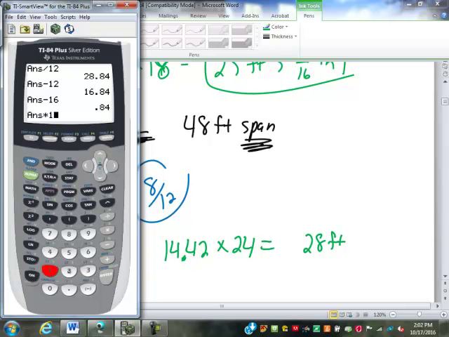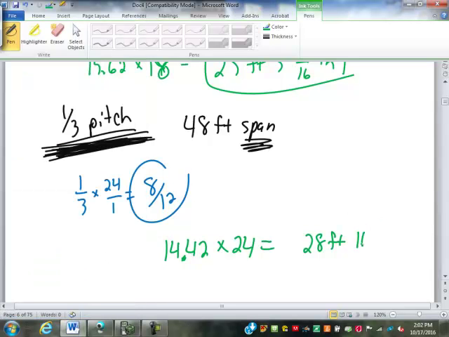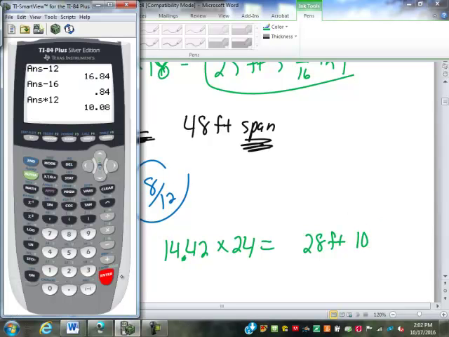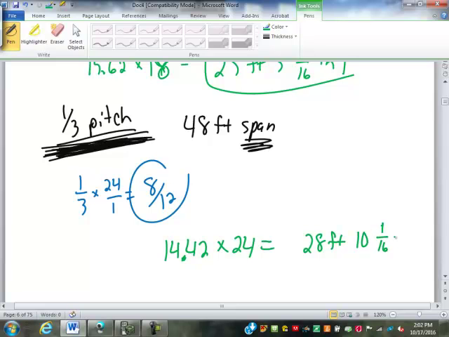Now times 12. 10.08. So that's 10. So what am I going to do with my 10.08? No, I'm going to subtract the 10 first. So 0.08 now times 16. So 1.28 is just 1/16. How many of you got that? 28 feet, 10 and 1/16 of an inch. Good deal.